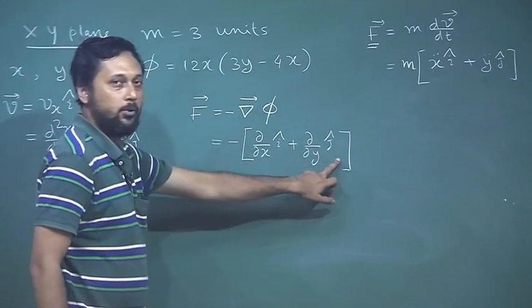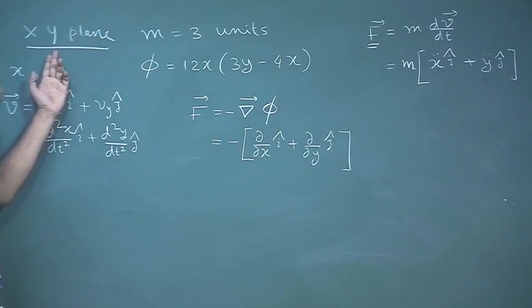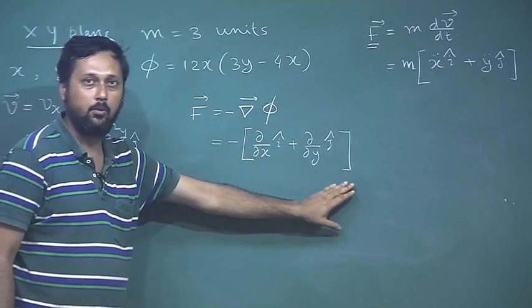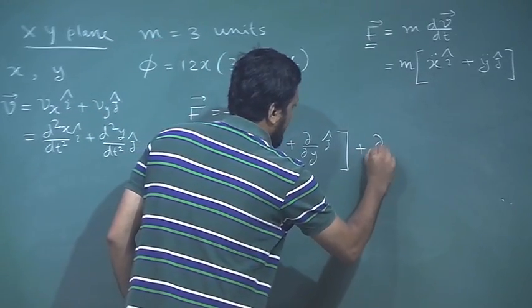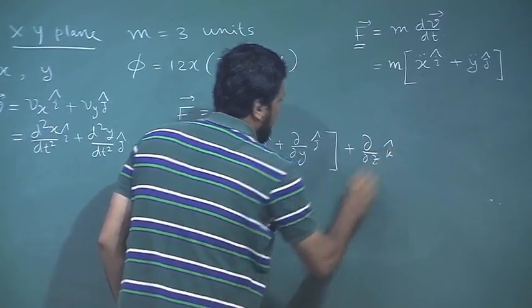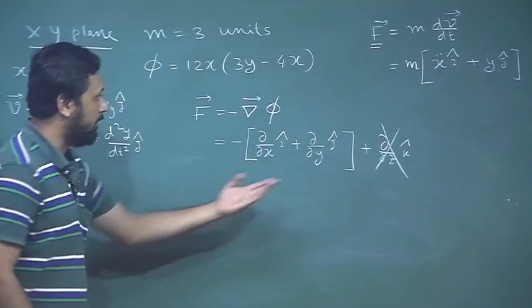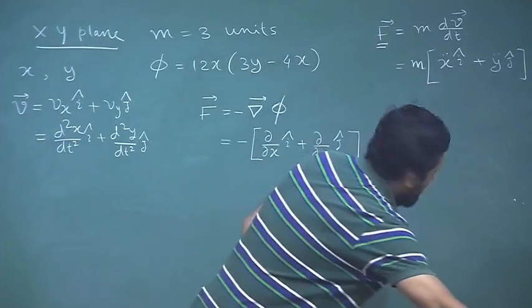Also there is a k component, but because we are working in the xy plane, we are omitting the k component for now. Ideally I should write that there is another component, del/dz k cap, but right now we are working in the xy plane, so we are just not using this part.